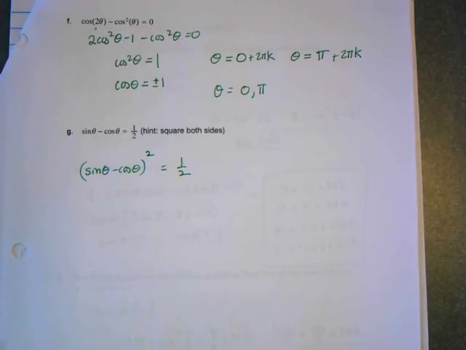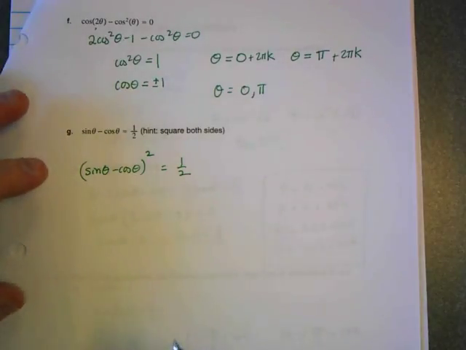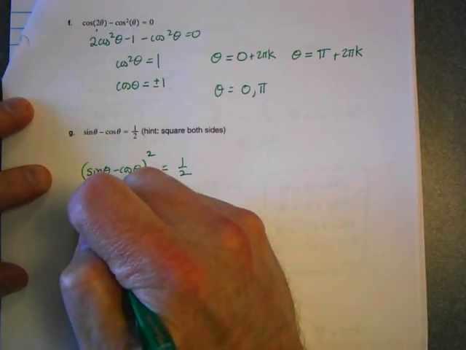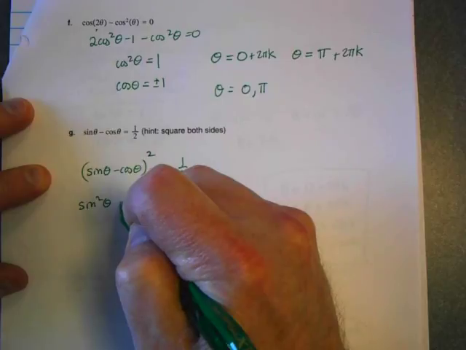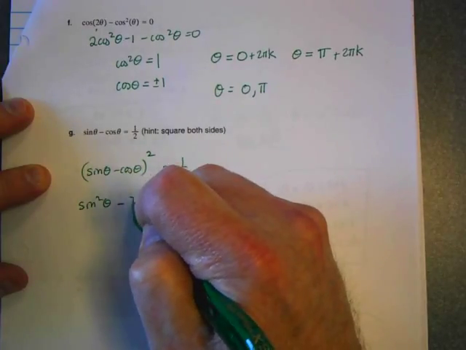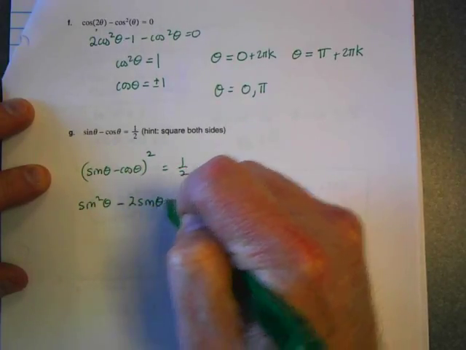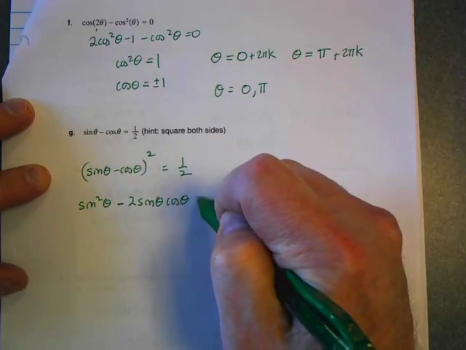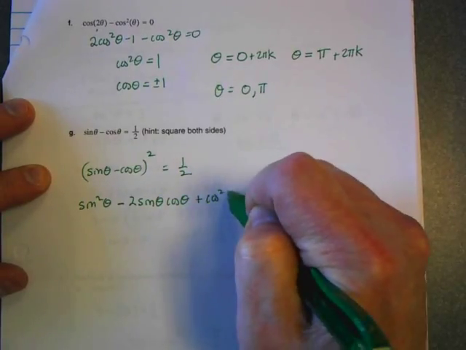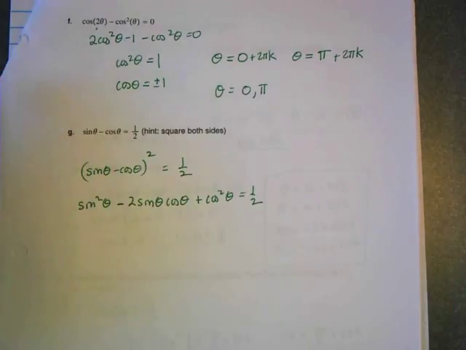I've got to FOIL it out. But it's going to be okay, I think. Because when I FOIL it out, I'm going to get sine squared theta minus 2 sine theta cosine theta plus cosine squared theta equals 1/2. And I think some good things happen.